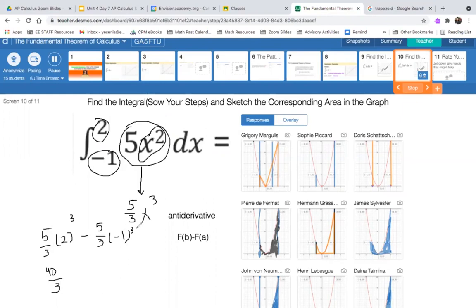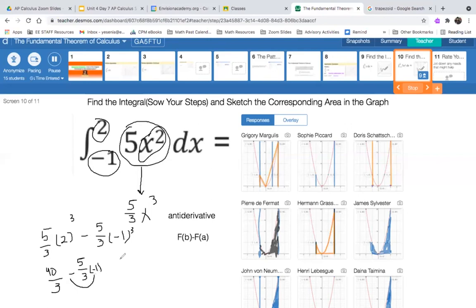Then we have -1 to the third power. So that's just -1 times -1, that's +1, times -1, that's again -1. So then that's gonna be minus 5/3 times -1. Basically, these two negatives right here are gonna turn positive.